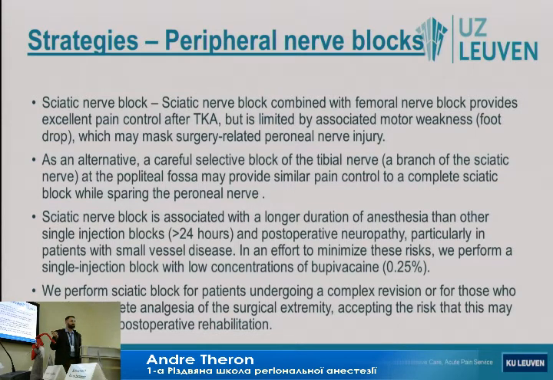It takes a long time to start working, so you have about 30 to 40 minutes, sometimes even up to an hour before you have a good working sciatic nerve block, and it can last more than 24 hours, and it can cause post-operative neuropathy, especially in patients with diabetes or other small vessel diseases. So that's a big risk. So if you just want to use it for pain, use low concentrations of half strength, ropivacaine, bupivacaine, whatever you're using.